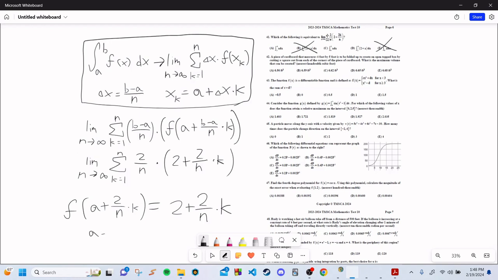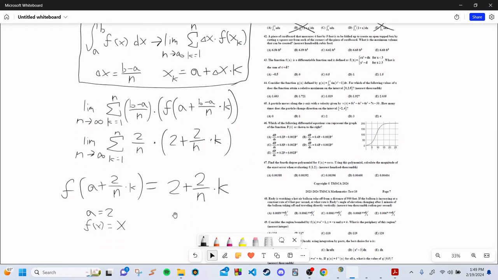If a is equal to 2 and f of x is equal to x, then f of 2 plus 2k over n, because 2 would be a, must output what we just have in here, which would be 2 plus 2k over n. And that is equal to what we want. So this solution right here is valid.